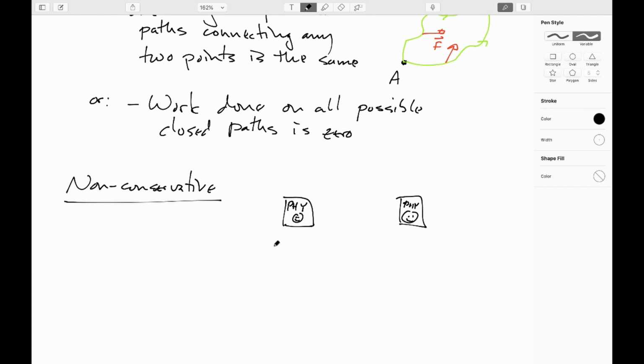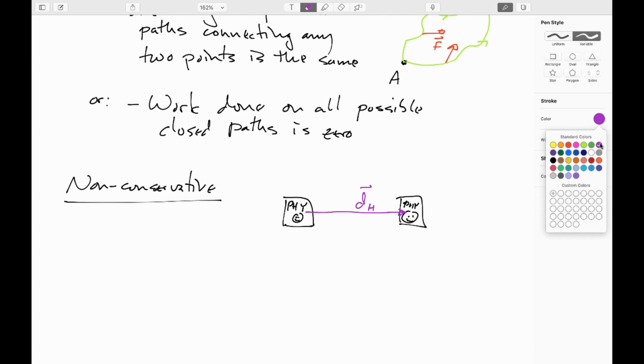Now we can imagine two different paths. So let's go with the purple path here. This is where we just go in the straight line. So displacement, we'll say d sub h for horizontal. That'll make sense in a moment.